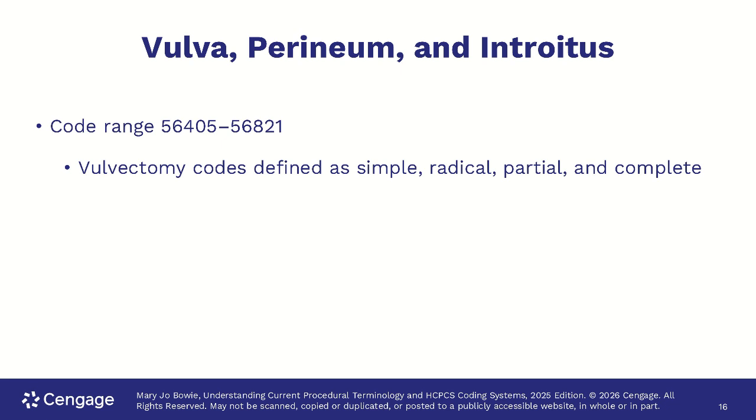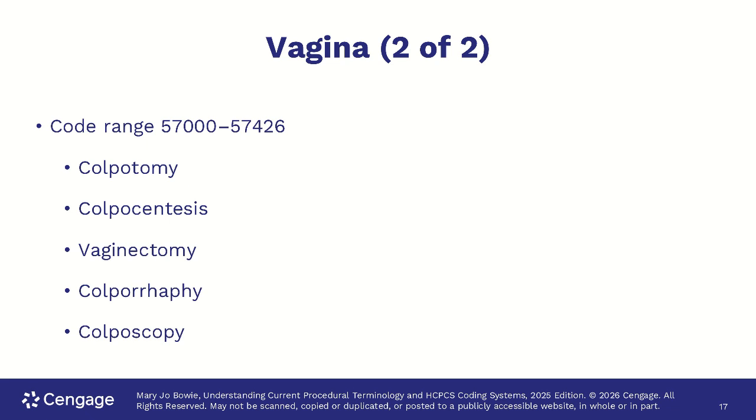All right, so we first have some codes for vulvectomy procedures. There are these four definitions in your CPT manual right when these codes begin, defining vulvectomy in terms of simple, radical, partial, and then complete.